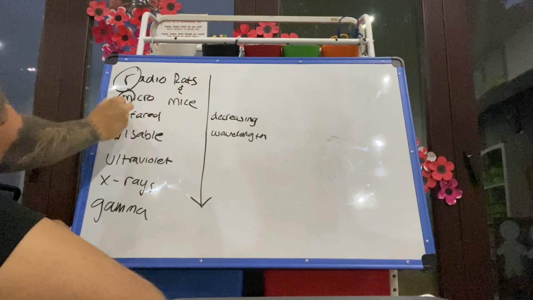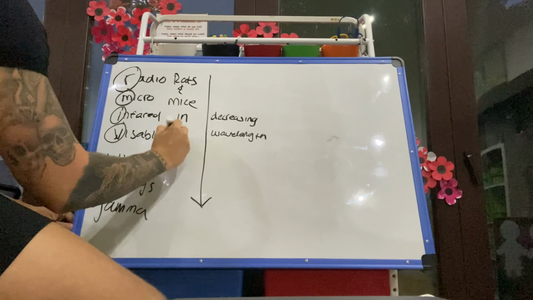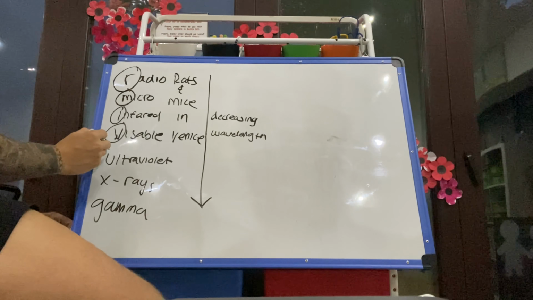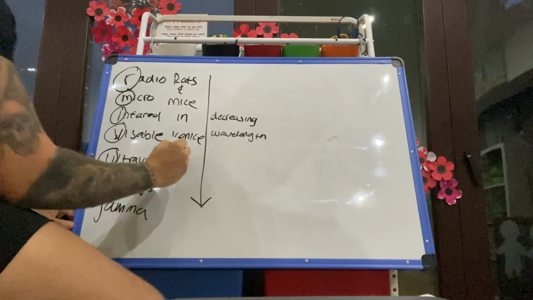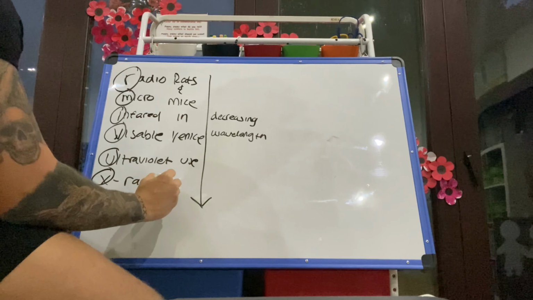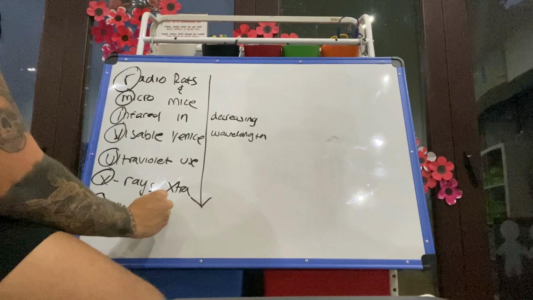For our I, we're going to say in. For our V, we're going to say Venice. For our U, we're going to say use. For our X, we're going to say extra. For our G, we're going to say gondolas.